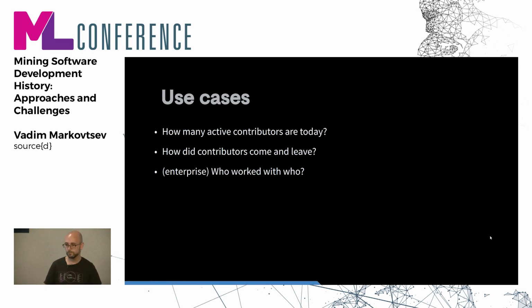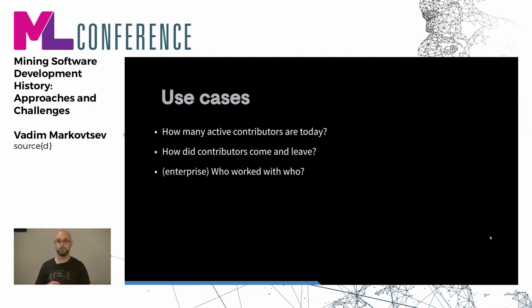So how can we do that? Oh yeah, this is the use cases list. So we can use this clever sorting to estimate how many active contributors you have. And also you can analyze for how long they usually stay in your project, how many years or maybe how many months.